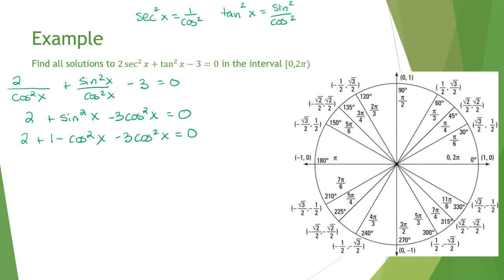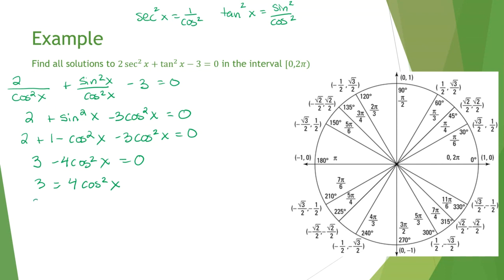Okay, we got 2 plus 1, so that's 3. And then that'd be minus 4 cosine squared x, equals 0. Let's add the 4 cosine squared x to both sides. 3 equals 4 cosine squared x.